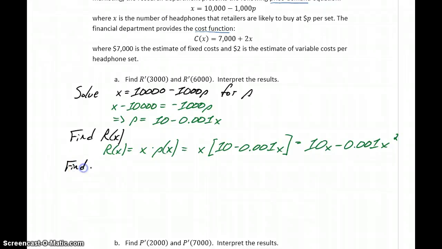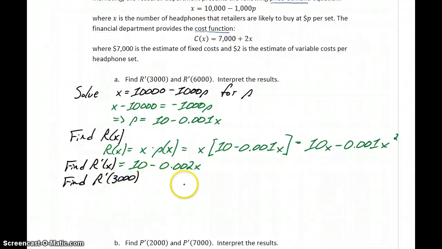So we have our revenue function. Now we need to find our marginal revenue function so that we can evaluate it at our two values. In this case, our marginal revenue function is just the derivative of that revenue function. So that's going to give us 10 minus 0.002 times X. Now we're ready to find what the question's actually asking us: our marginal revenue at a production level of 3,000 and at a production level of 6,000.